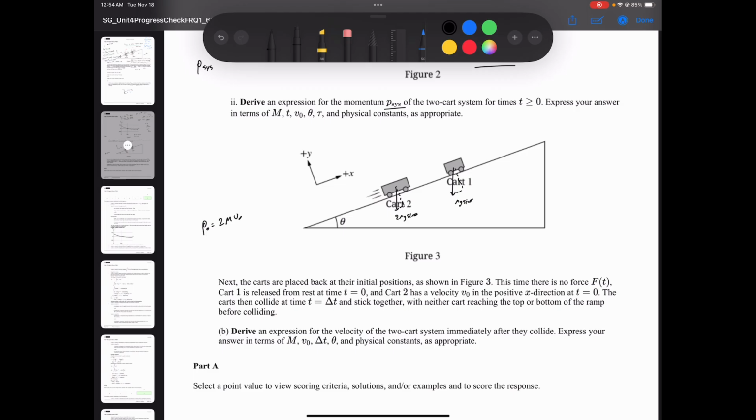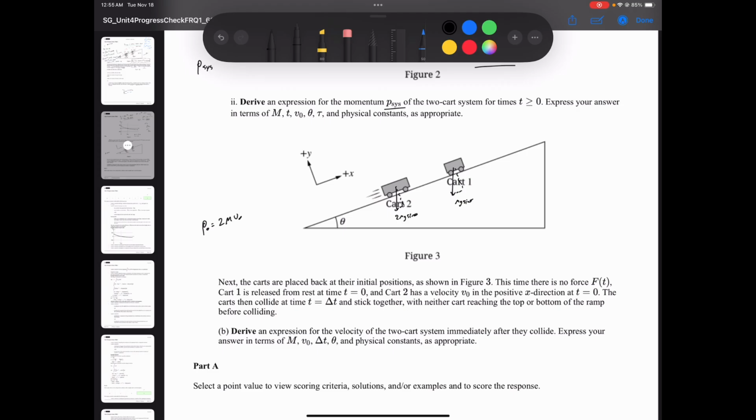So the final momentum, we know that these carts are going to stick together, and we're just writing an expression for the velocity of the two-cart system immediately after they collide.